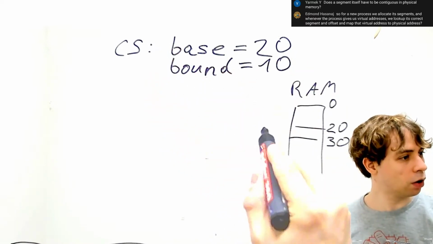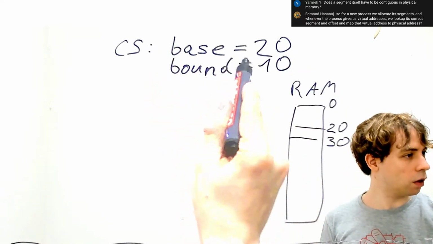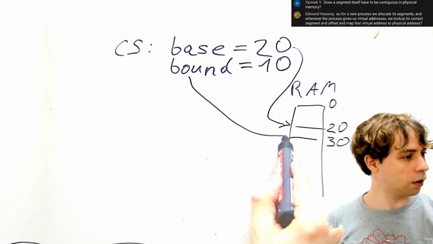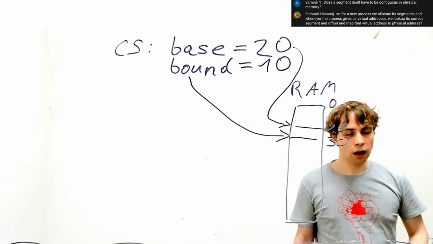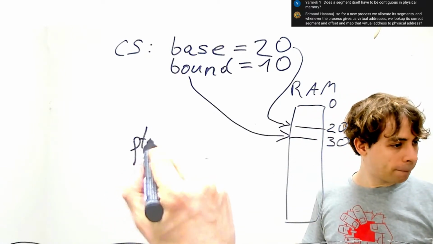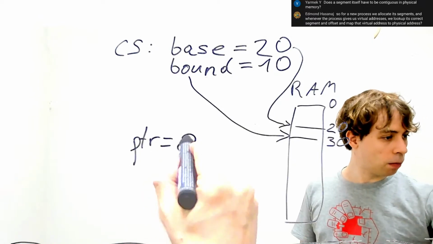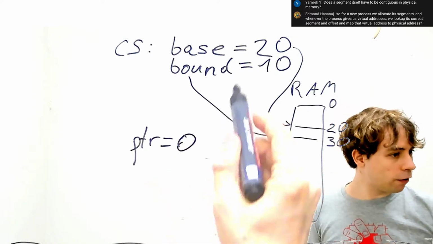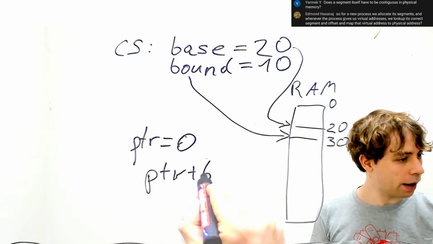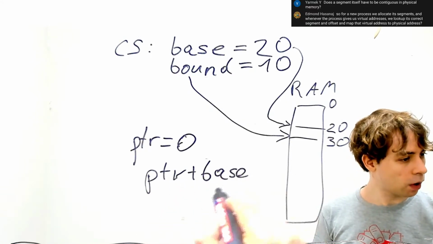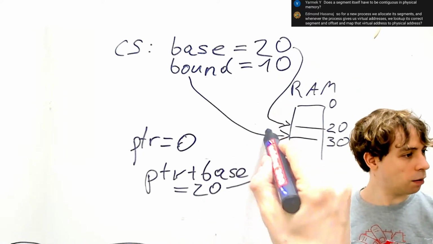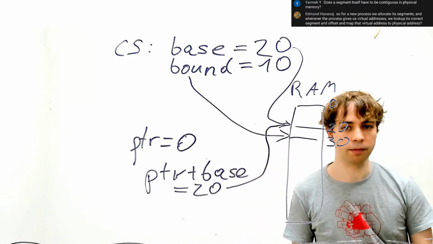Base is here, bound is here. Now let's assume that I access a pointer. Pointer has the value of 0. That's totally fine. Then I do pointer plus base, and that equals 20. And that means we access this location here.